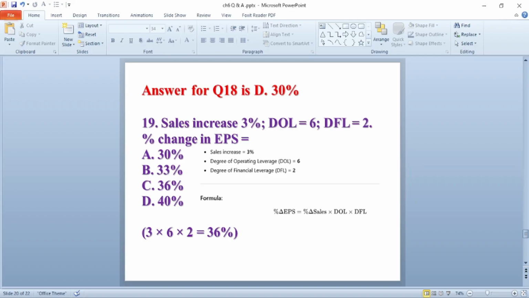So the change in earning per share is equal to percentage change in sales times degree of operating leverage times degree of financial leverage. So 3 times 6 times 2, which is equal to 36%. So the answer is C.